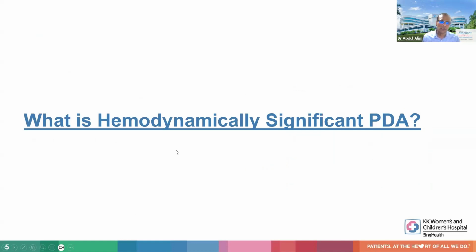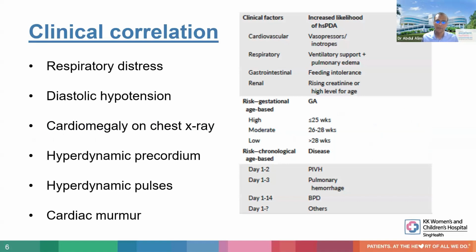So with that background, I would like to introduce a concept. You all know hemodynamically significant PDA. What do we mean by hemodynamically significant PDA? We can do a clinical assessment. Everyone knows that the PDA presents sometimes with respiratory distress and diastolic hypotension.